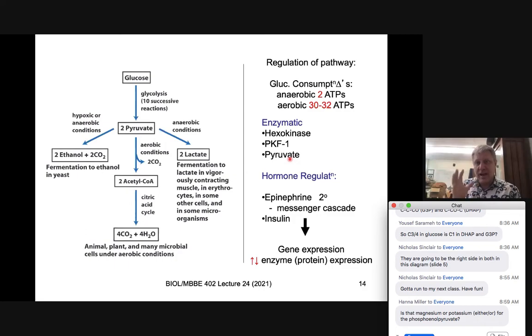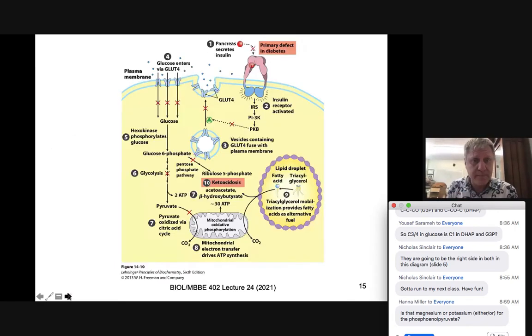Okay, so we have to start thinking about our bigger picture of what we've studied in the past and bring it in now into a perspective of what we are doing. There's always going to be an equal response in regards to if I'm going to produce more glucose and/or consume more glucose, where am I going to store that? How am I going to store that? How am I going to transport it? And how am I going to metabolize it? So there are very key points of regulation in regards to this particular system.